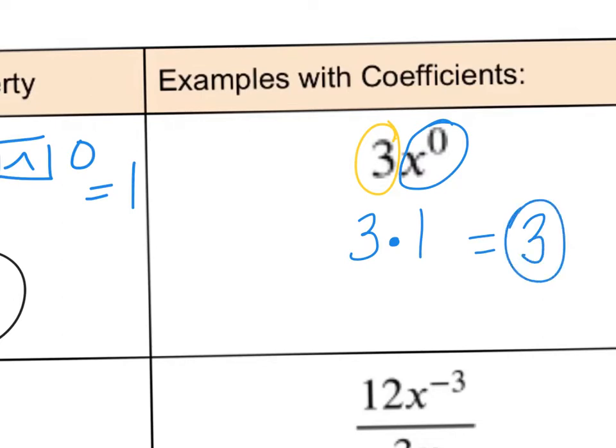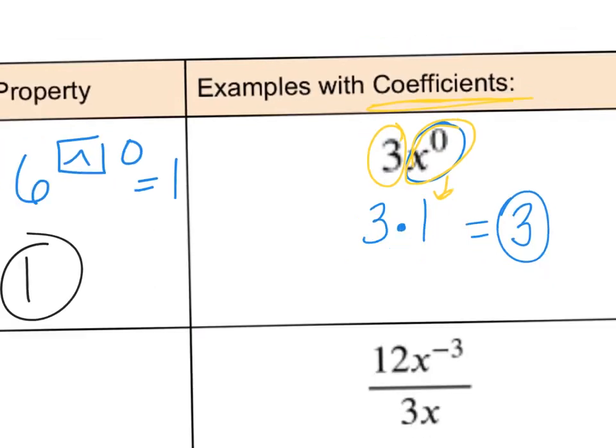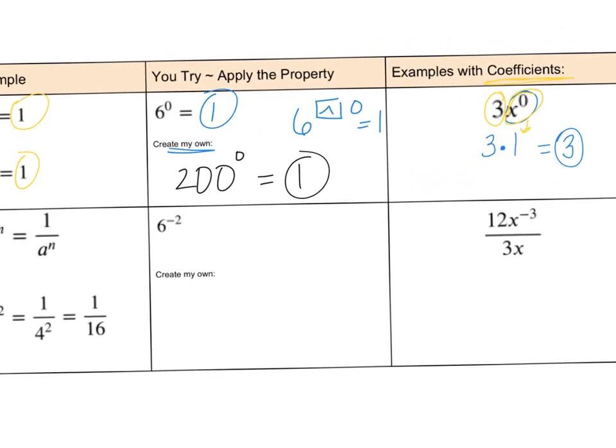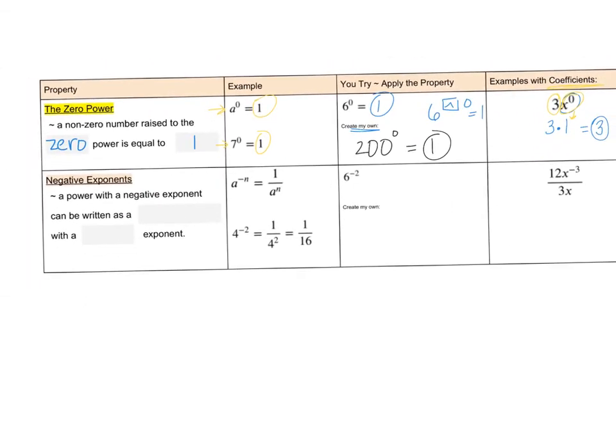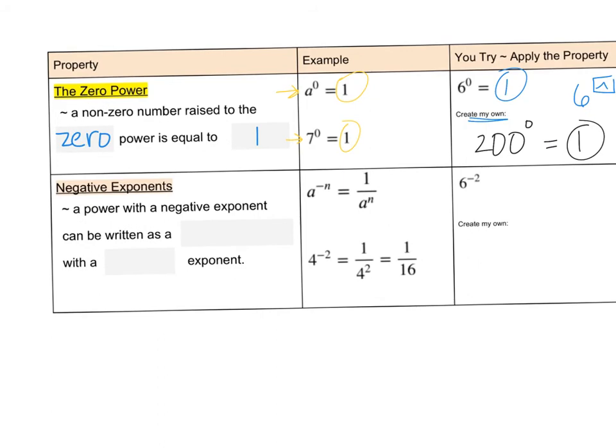Okay, so if we have the coefficient, be careful. The property applies right here. Anything to the zero power is 1, so this part was 1. And then the coefficient came down, and then we did 3 times 1. Okay, so that's it. Short and sweet for the zero power. So that's kind of fun. Anything to the zero power is 1.